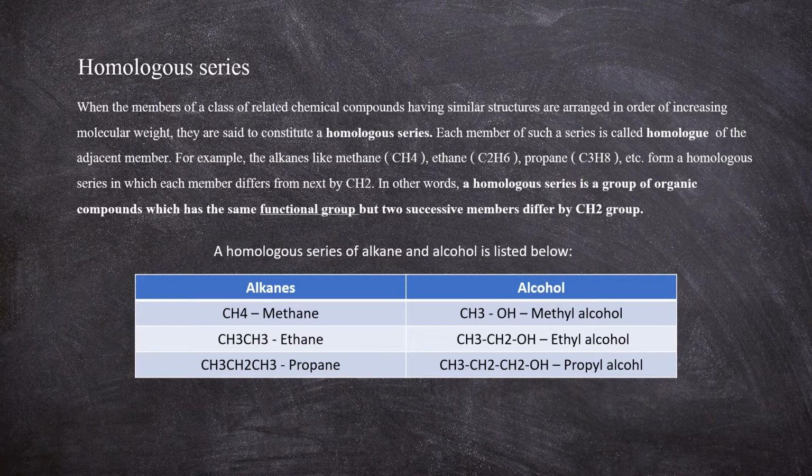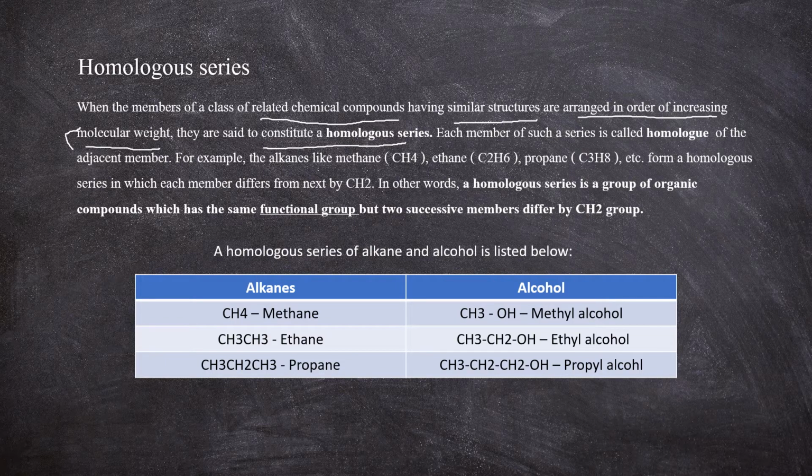When a class of related chemical compounds having similar structure are arranged in order of increasing molecular weight, they are said to constitute a homologous series.